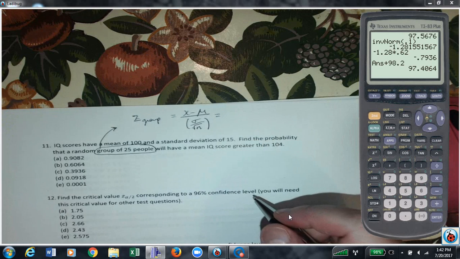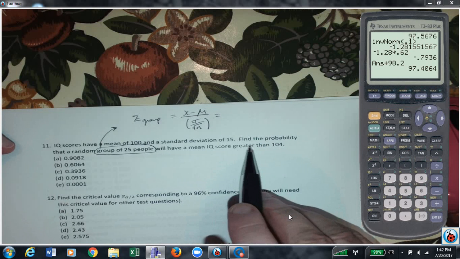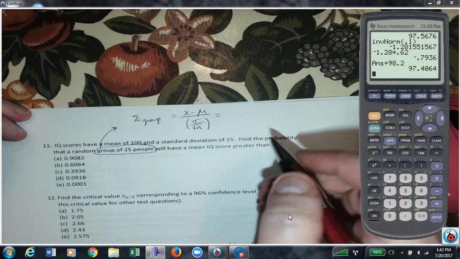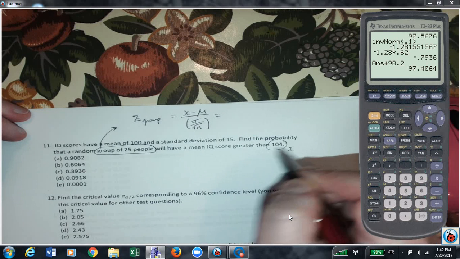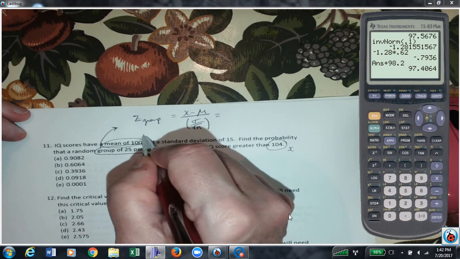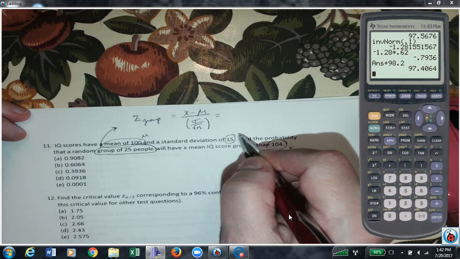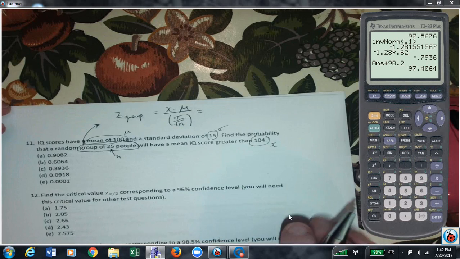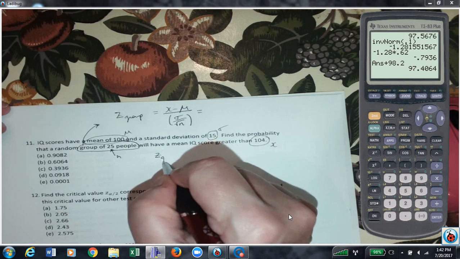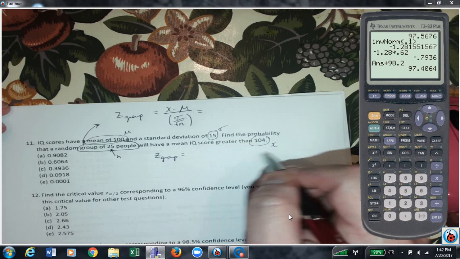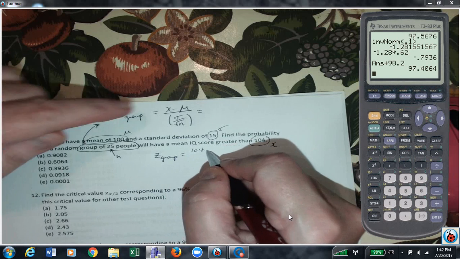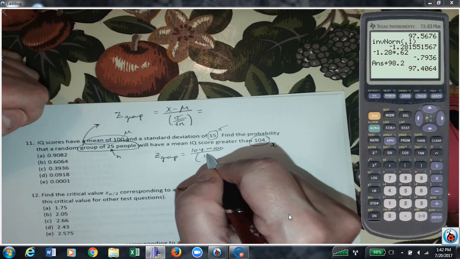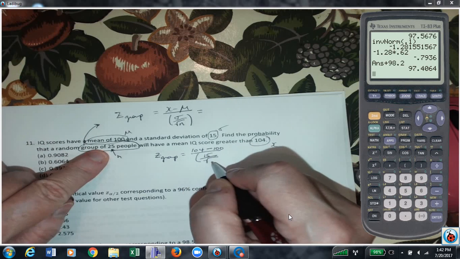Okay, so that's my x, that's my mean, that's my standard deviation, and that is our n. So the z-score of my group of 25 people is going to be 104 x minus mu all over sigma divided by square root of 25.